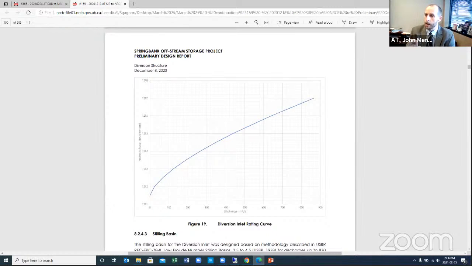What we did analyze within the preliminary design report was that in that scenario, we confirmed that the discharge channel could contain those flows, that none of the embankments or sidewalls of the channel would be overtopped during that extreme scenario.